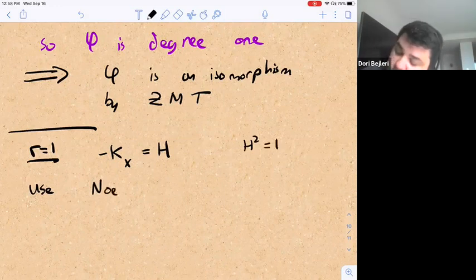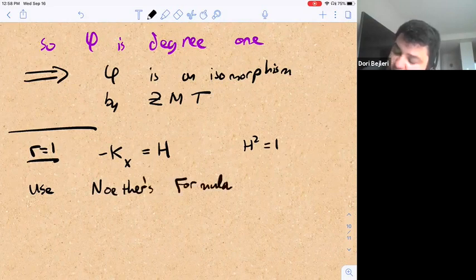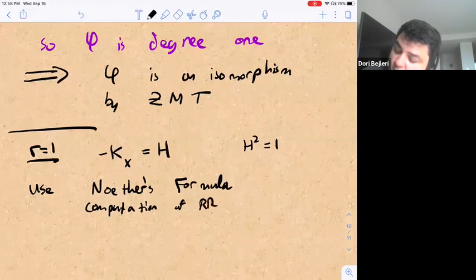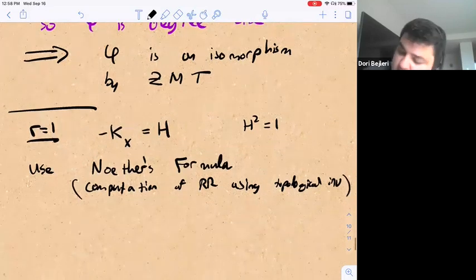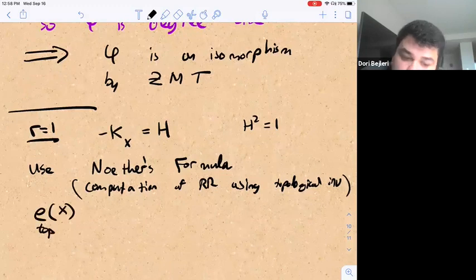So use what's called Noether's formula, which is just a restatement, or maybe I'll say a computation of Riemann-Roch using topological invariance. So if you plug into this version of Riemann-Roch, then you can compute that the topological Euler characteristic of X is actually 3.